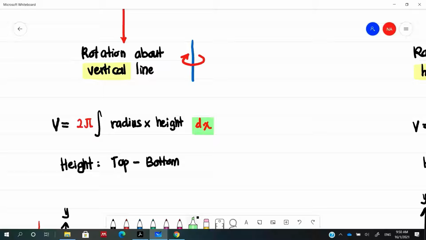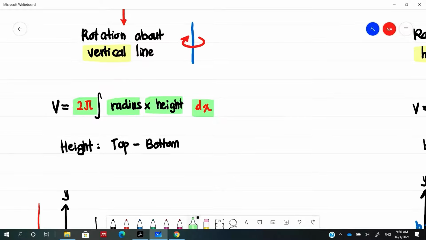The volume should be given by 2 pi, integrate radius multiplied with height, and it should be dx, not dy. The difference between this method and the washer method is that in the washer method, when we rotate about a vertical line, it should be dy, but in this method we should write in terms of x, dx. That's the first difference.